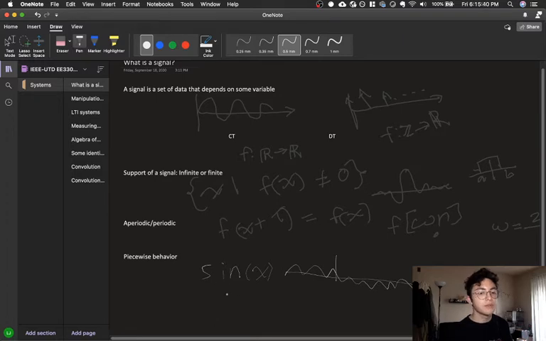But we don't necessarily have to restrict ourselves to defining waveforms that look like some behavior in one region. We might use a case statement, where it's 1 for t less than some value, and then it's 0 elsewhere. And then this looks like a box. It's a rectangle function.